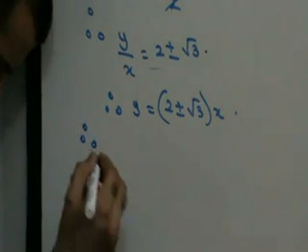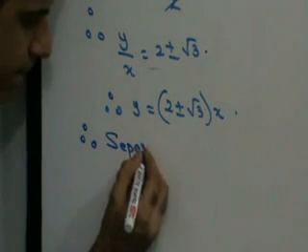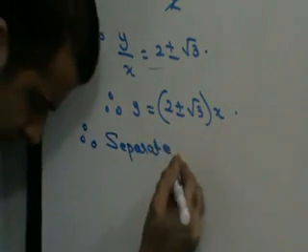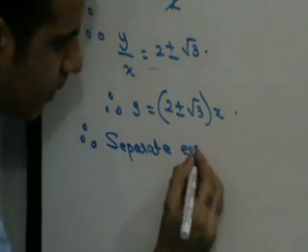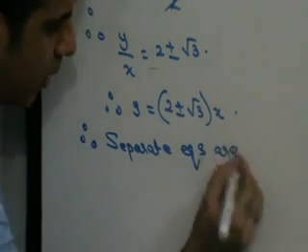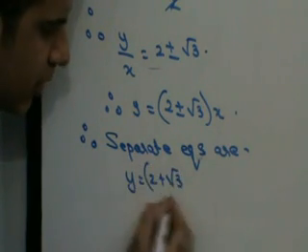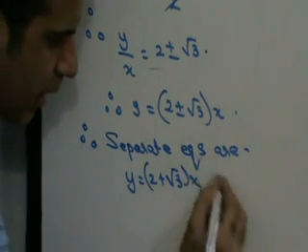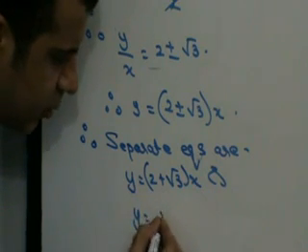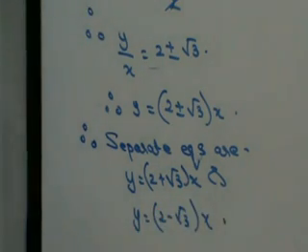Therefore, I can say the separate equations are y is equal to 2 plus root 3 x and y is equal to 2 minus root 3 x. Basic quadratic equation formula, guys.